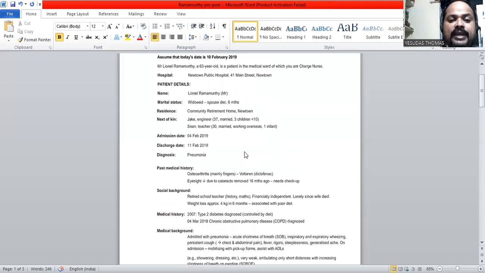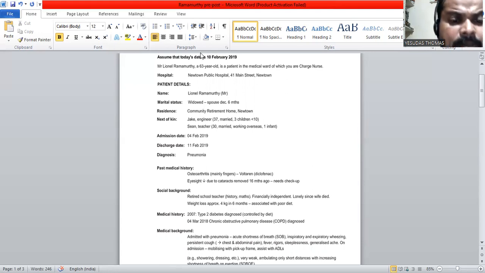The patient detail is Mr. Lionel Ramamurthy. He was admitted to Newtown Public Hospital. He is alone, he lost his wife 6 months ago. He is an engineer, but we don't need all these things now.